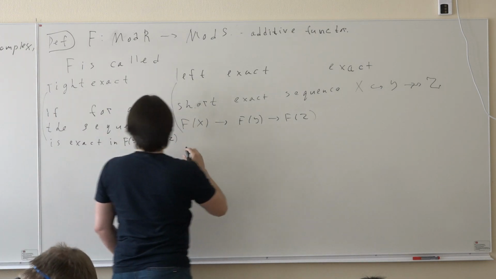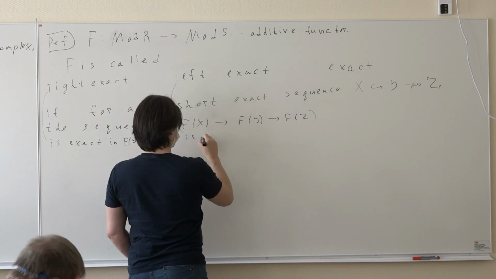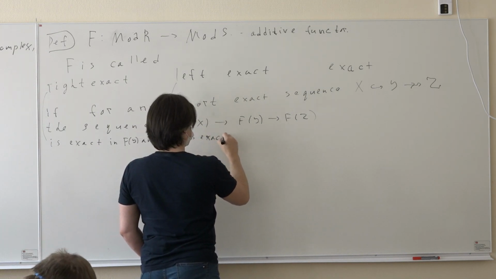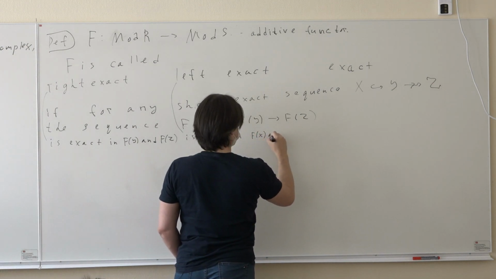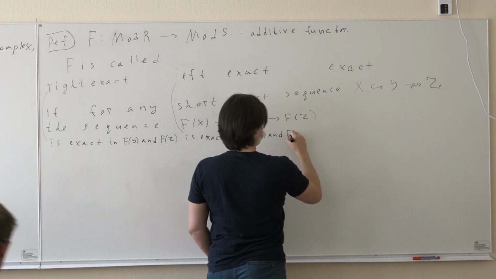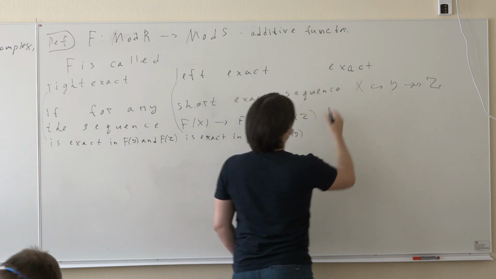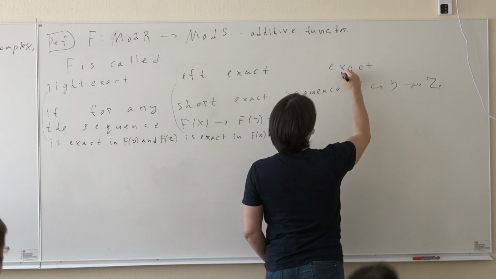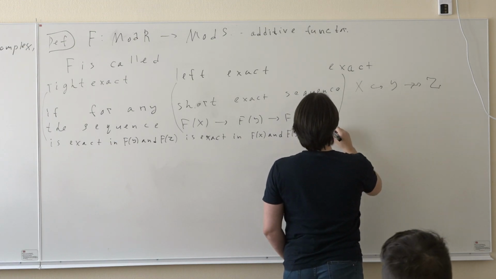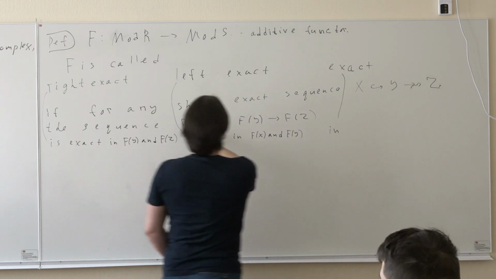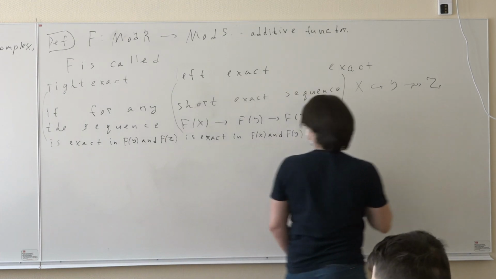Left exact is when the sequence is exact in F of X and F of Y, and exact when this sequence is a short exact sequence too.